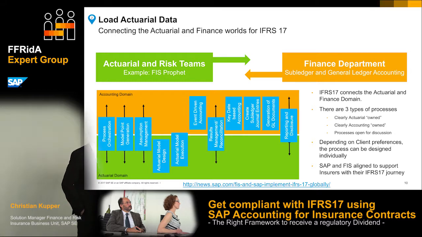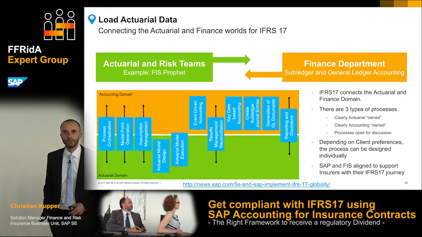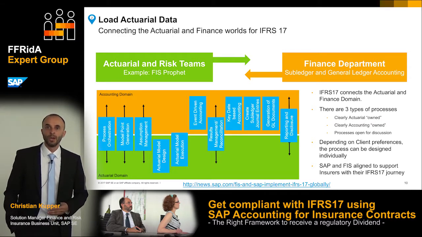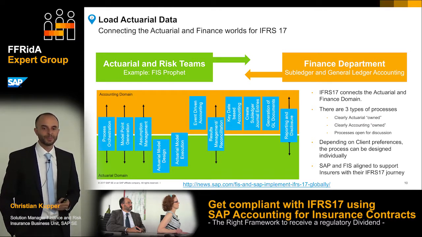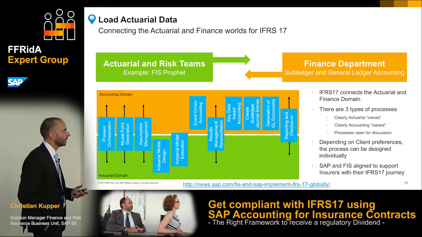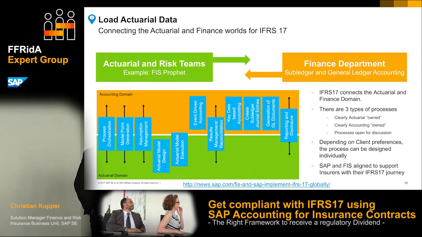But there are other processes, like the model point generation or actuarial model execution, which are not so clearly located in one area or the other. One example is the model point generation.